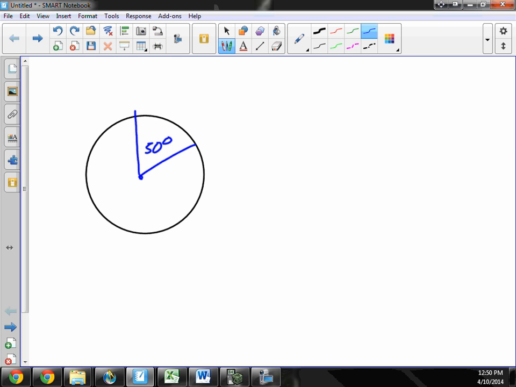So how would I find the area? Well, right, pi r squared, and I know that my slice is 13.9%. So let's find the area of the whole pizza and times it by 13.9.